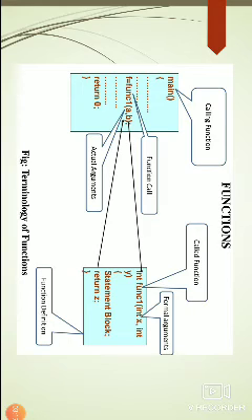So int space func1 bracket open int space x comma int space y bracket close, curly braces, statements block and return z semicolon, close curly braces. So in the main function, here main function is the calling function, and func1 is the function call, and a comma b are the actual arguments.